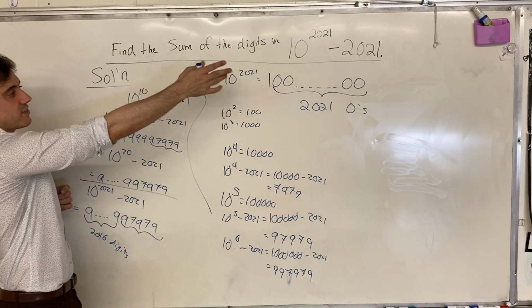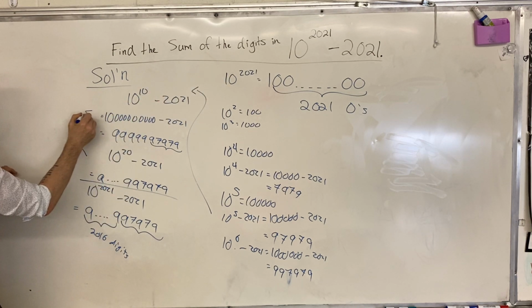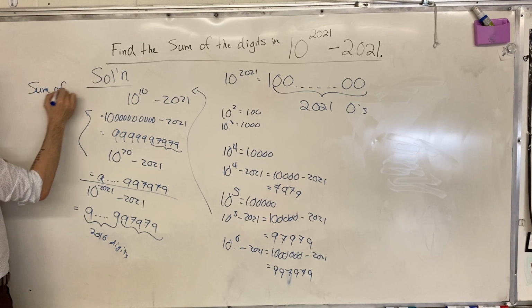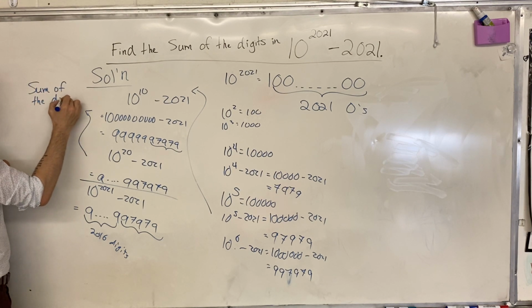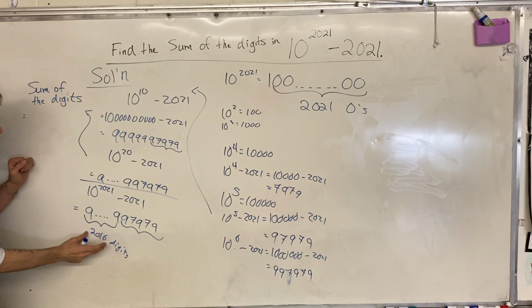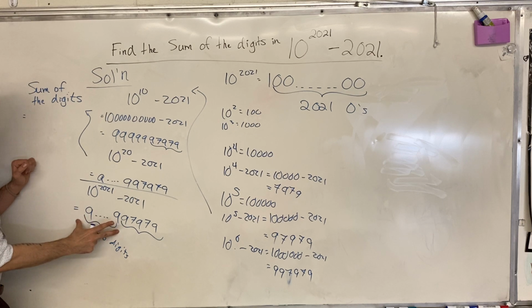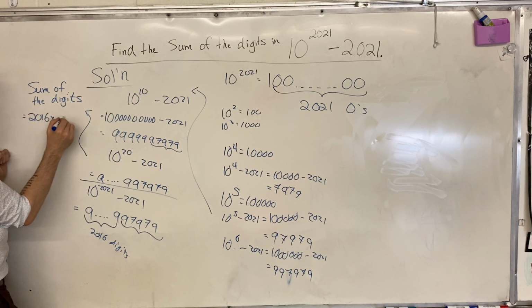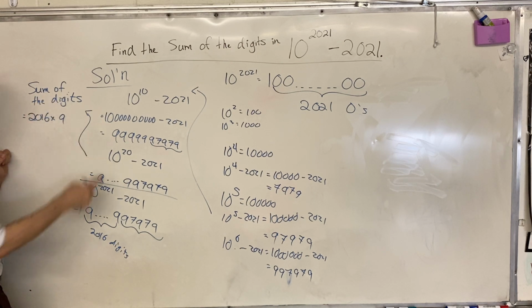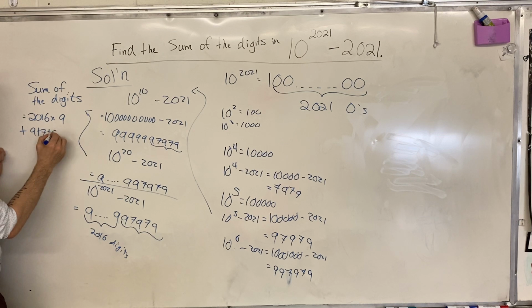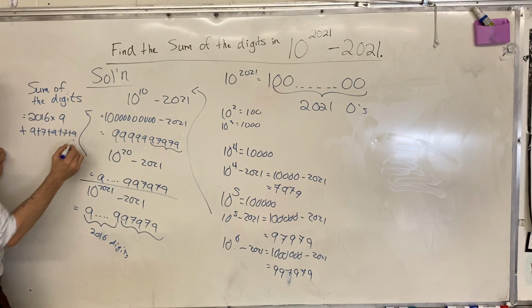And so now, to finish off our problem, let's do so over here. What we're going to have is the sum of the digits of our value will be, well, we'll have 2016 9s to start off. And so we can have 2016 times 9, because we're looking for the sum of the digits, so we're going to add them all together. And then plus 9 plus 7 plus 9 plus 7 plus 9.